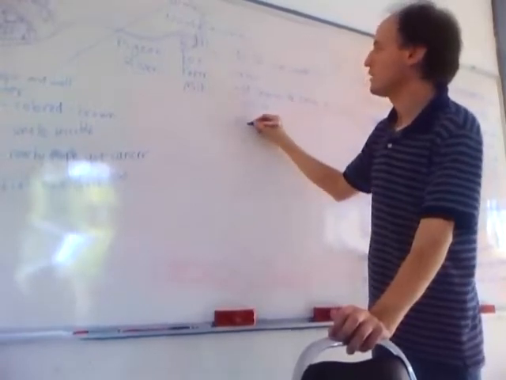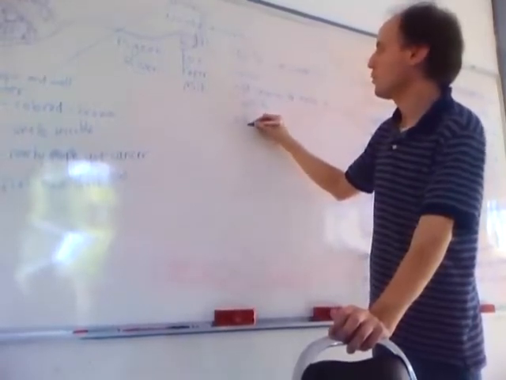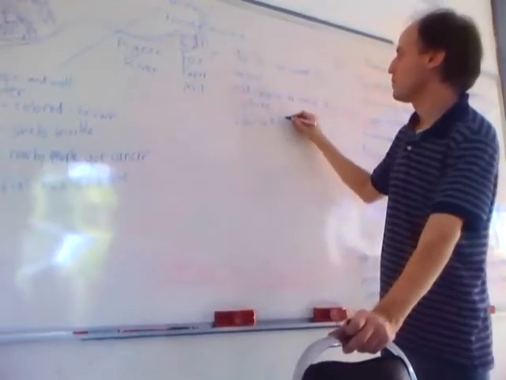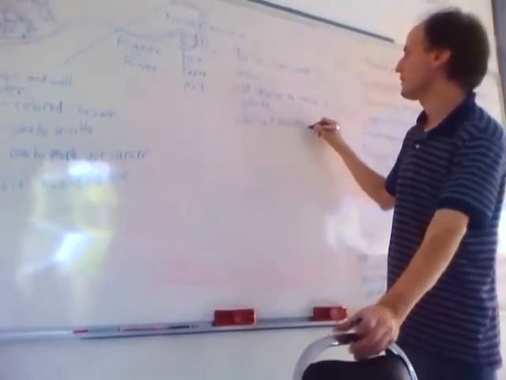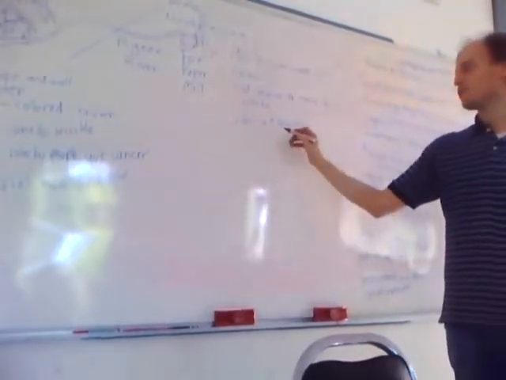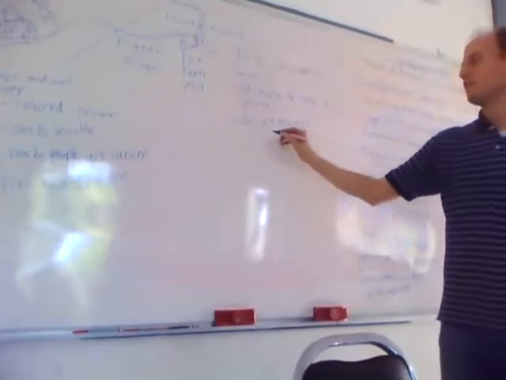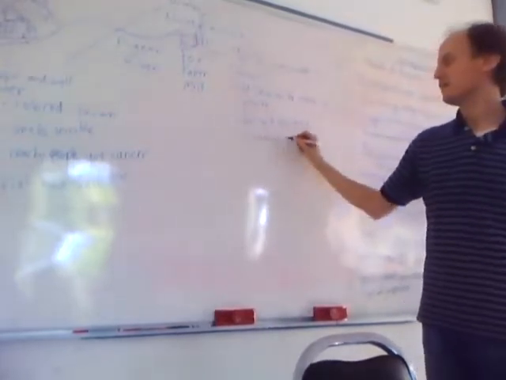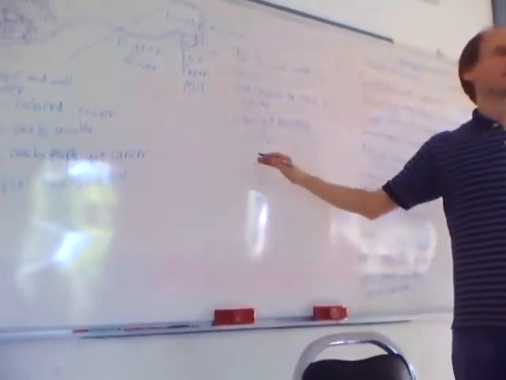So chlorine plus biomass. Bio means living, mass means stuff. Chlorine plus biomass equals something called dioxin.